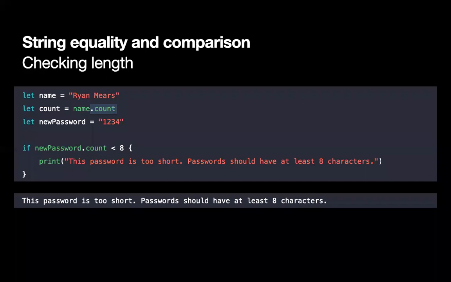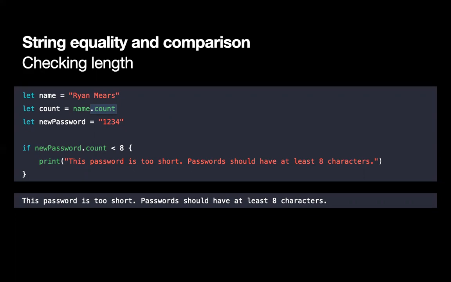Then string checking the length. You can check the length of the characters in a string by using the count function. We have a constant name having the name Ryan Mayers, then name dot count, and a new password 1234.